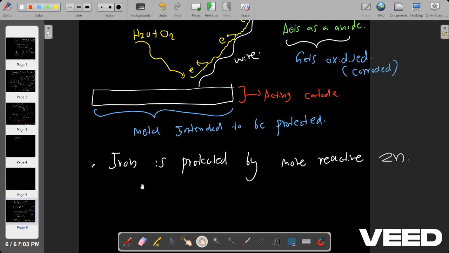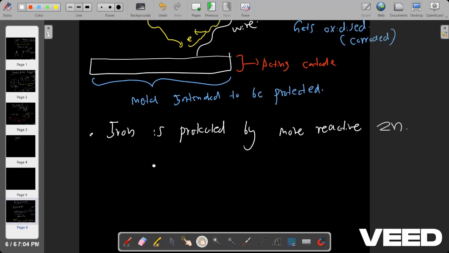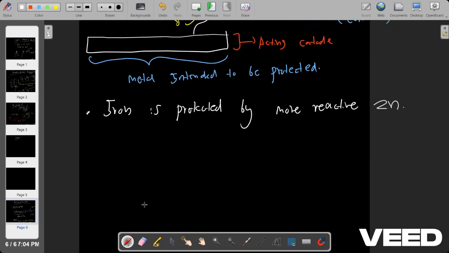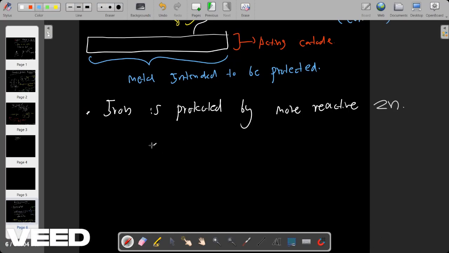Iron is protected by more reactive zinc. An example of this is used in ships.